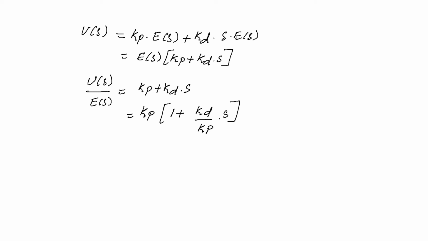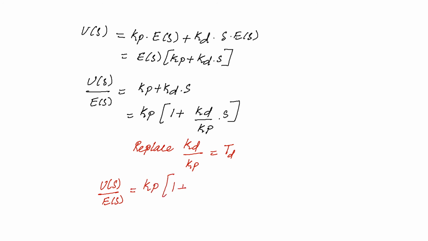Now, instead of Kd by Kp, we have the total derivative constant. Replace Kd by Kp as Td. In the above equation, it becomes U of s divided by E of s is equal to Kp of (1 plus Td dot s). This is going to be your gain equation.